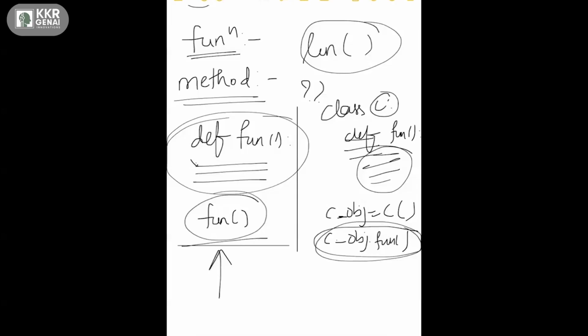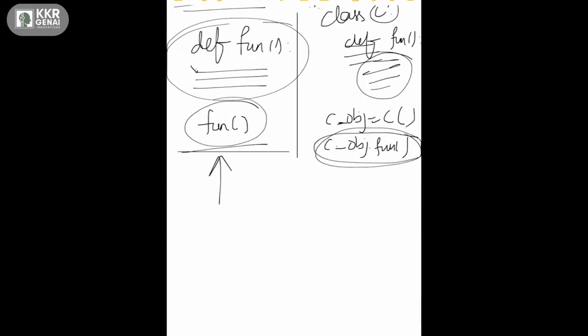If I am defining anything in a class, it has to be one of the three methods that I'm going to discuss. Whatever we write in classes are methods, and I would call them by an object reference.